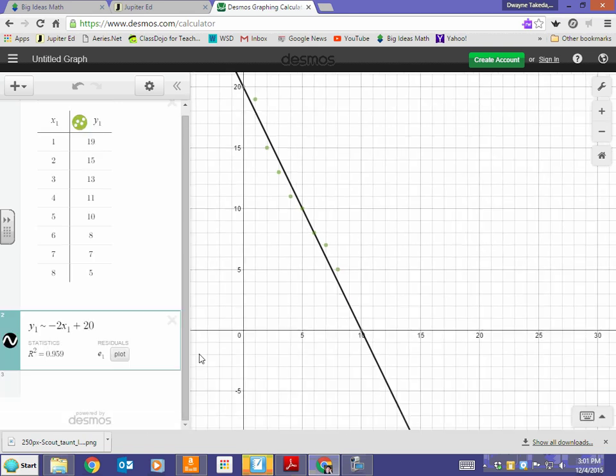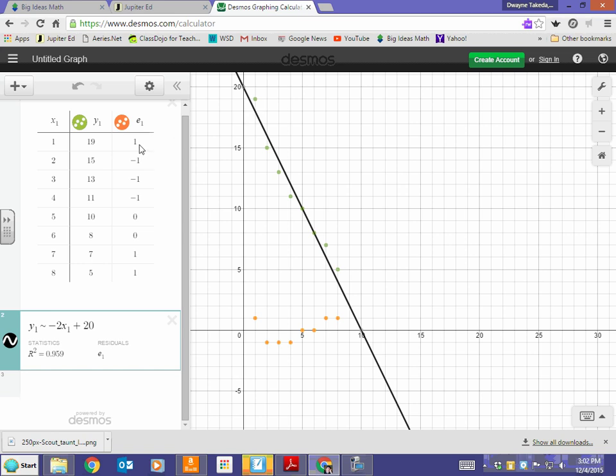Now down here where it says residuals, go ahead and say plot. Okay, and now what it's doing here is giving us the difference between the y value from our scatter plot and the y value from our line. So x sub 1, here's 1, and we're saying that it's 19, but our line is 18.